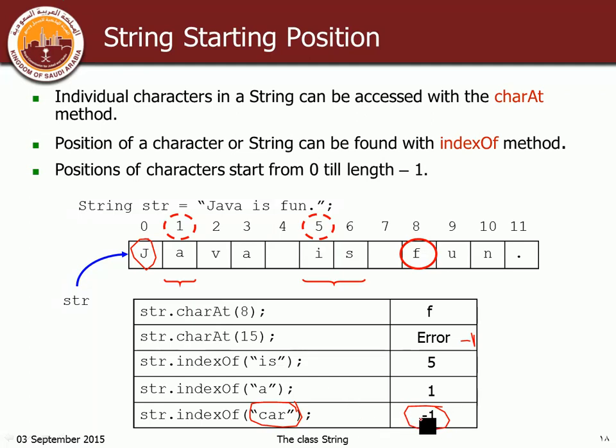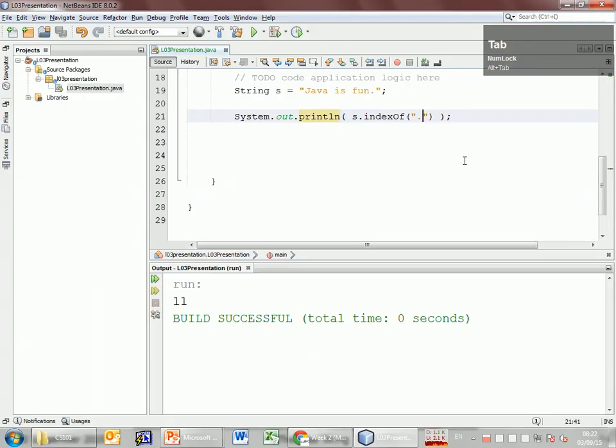What if I write the car in char at? It's not possible because char at doesn't work like that. You give it a number. That's a good question. Let's try that. Let's have a char at, and then I'm trying to put car.